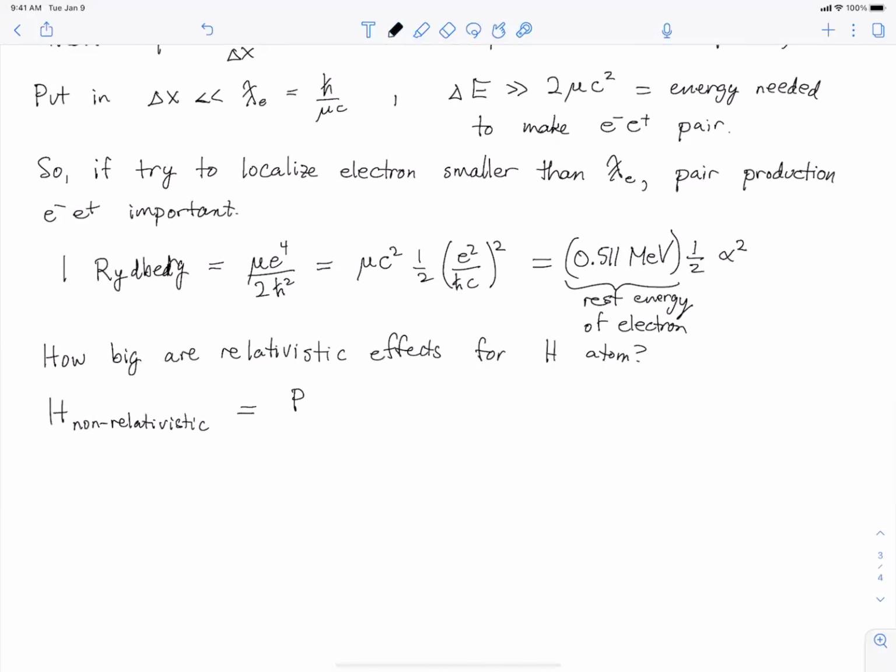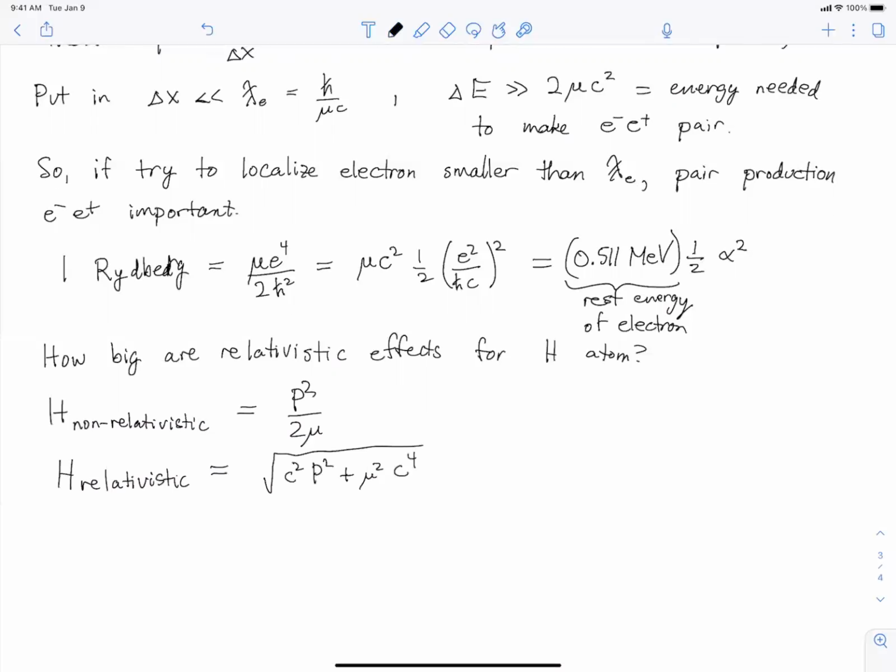That was p squared over twice the mass. And then the relativistic version, if we consult Einstein's theory of special relativity, that would say, instead of p squared over 2 mu, we should write down this expression: the square root of c squared p squared plus mu squared c to the 4th.